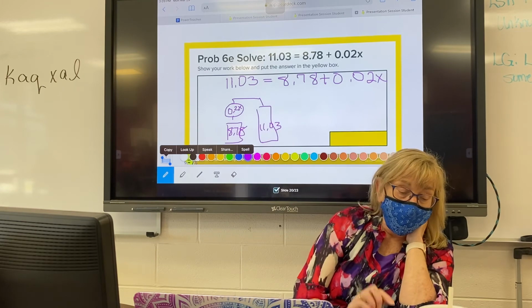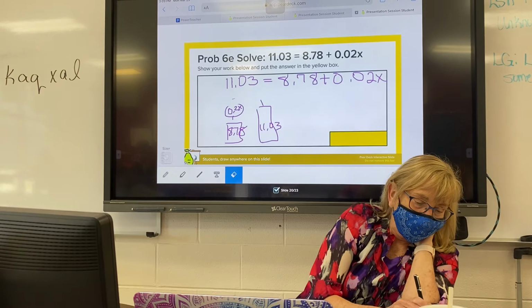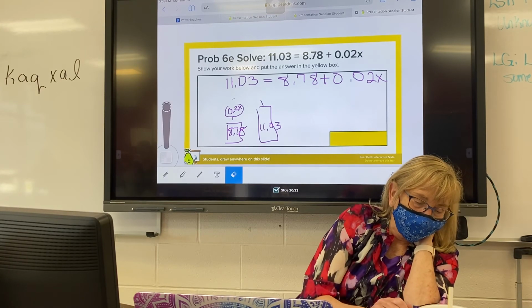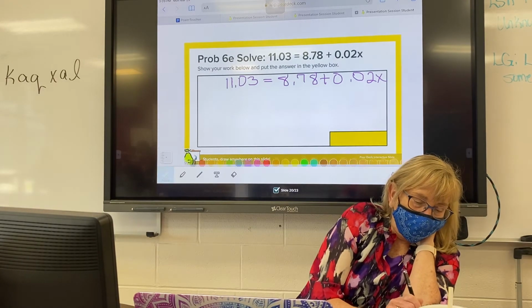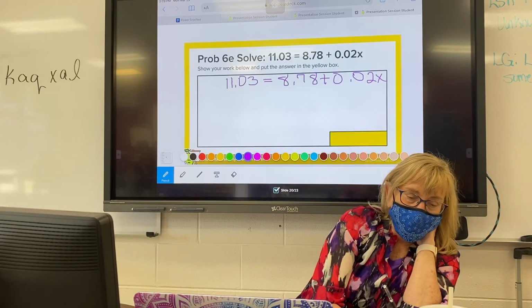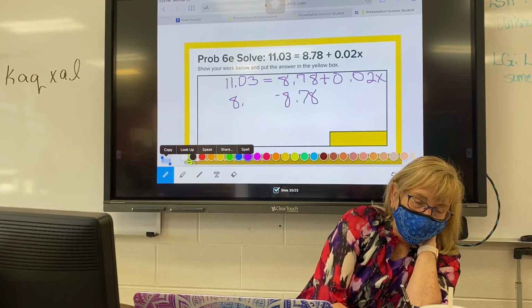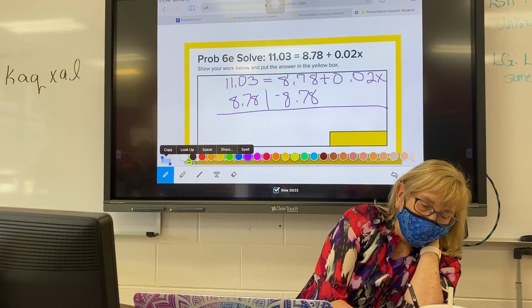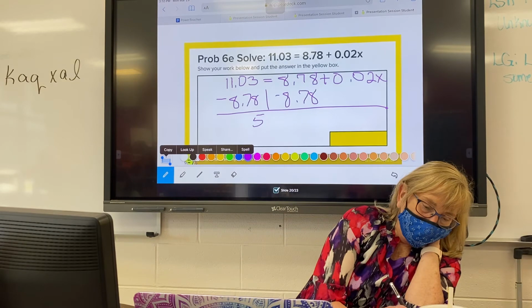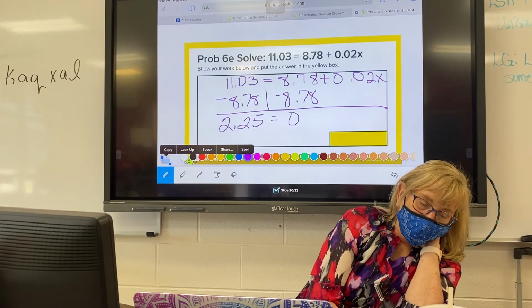We're gonna subtract it, right? So on both sides, I'm going to subtract 8 78/100. So on this side, that leaves me 2.25, and on this side, I have this left.